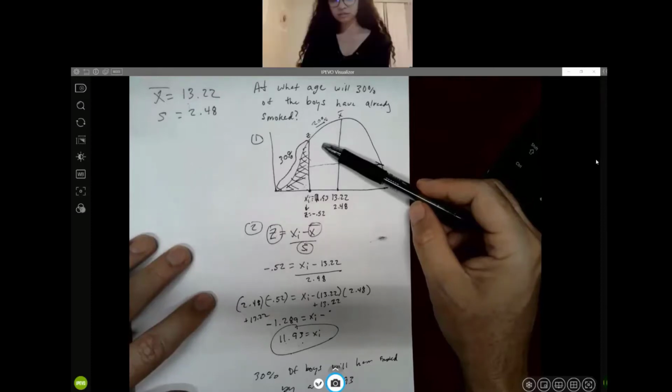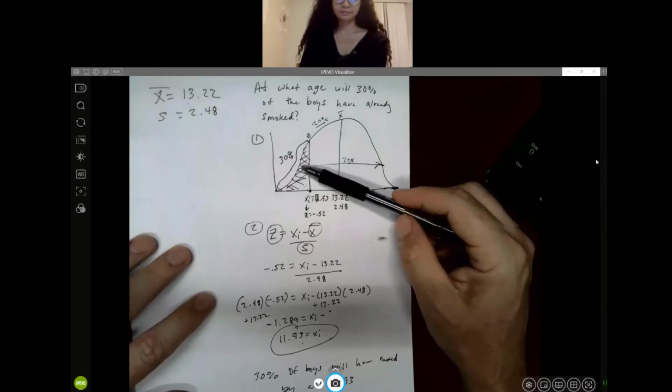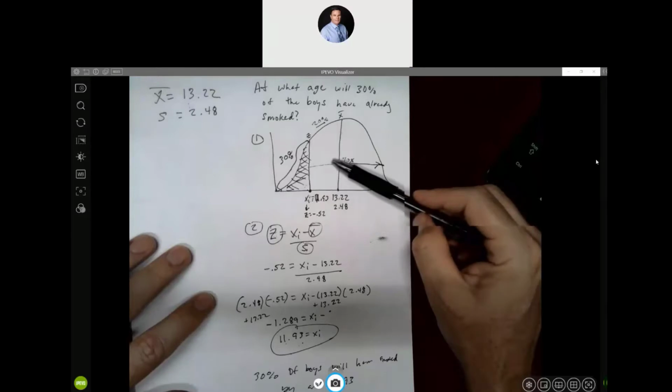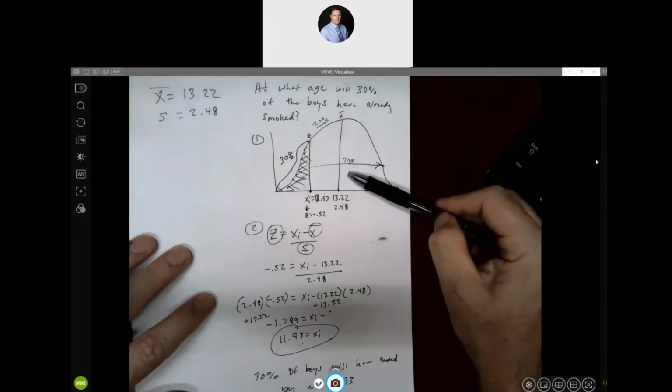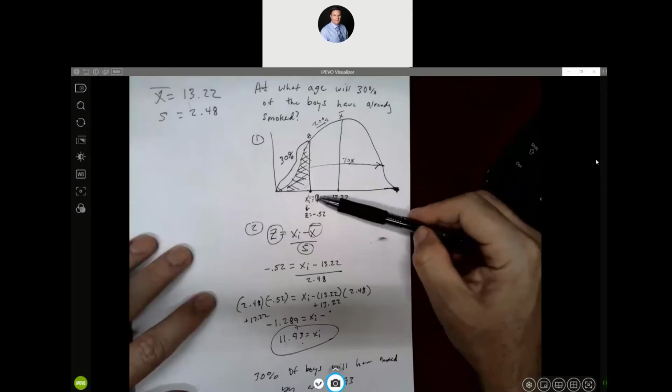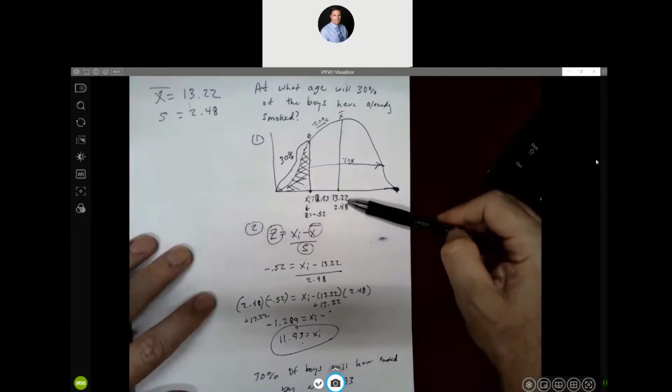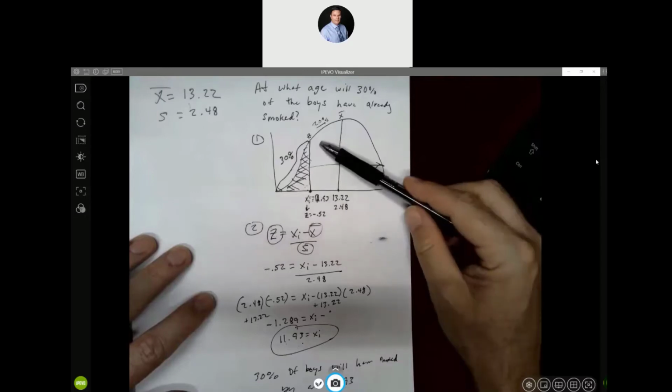Well, which one do you want to choose? 70% of boys. Right, it's 70% because 30% subtracted from 100% is going to give you 70%, right? And the percent of boys that smoked between age 11.93 and 13.22 years of age is 20%.